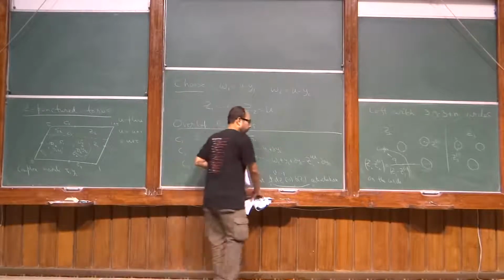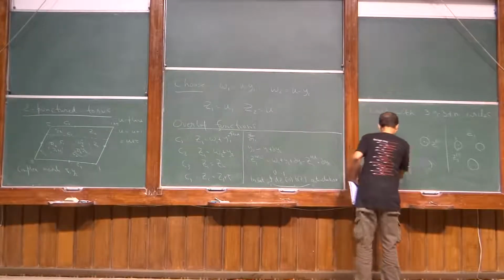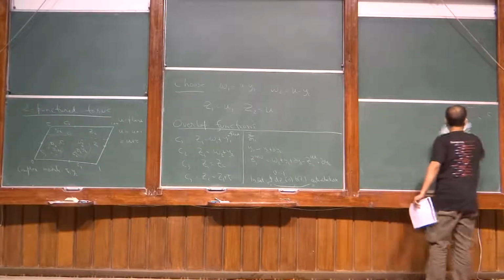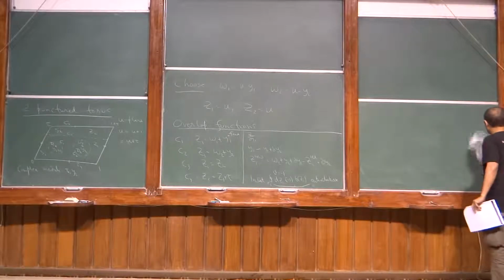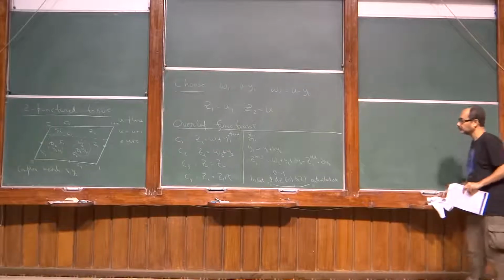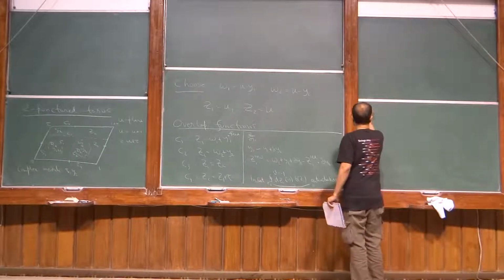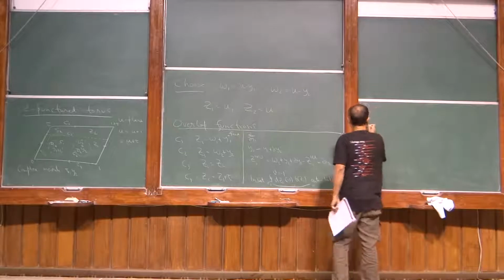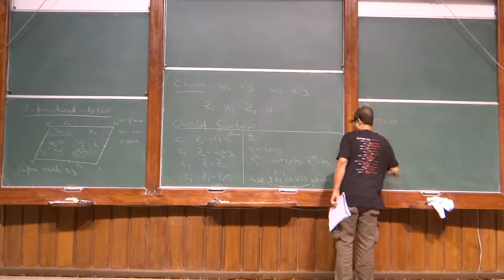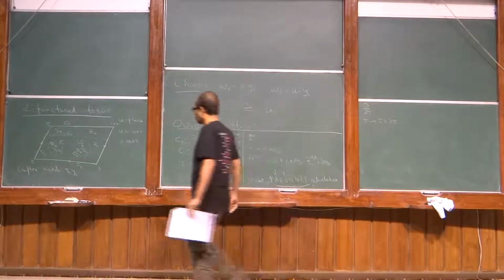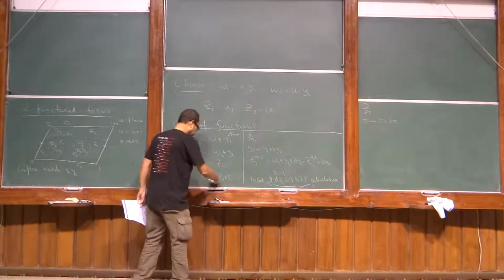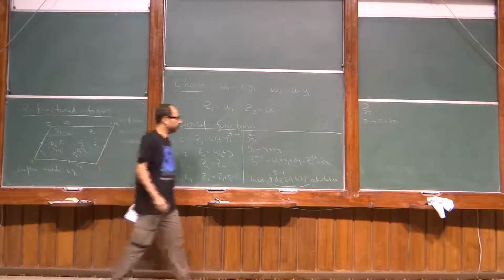Let's look at del tau. So if we take tau to tau plus delta tau, what changes is this overlap function. Okay.